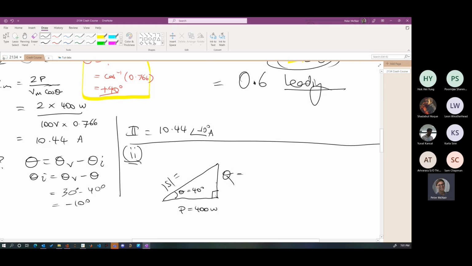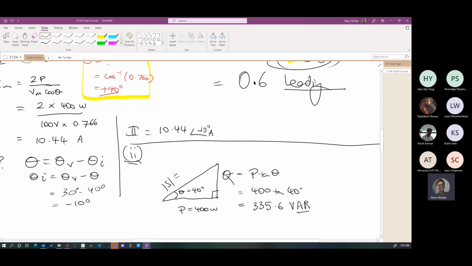For Q, let's do P tan theta, because tan theta is this over this. Then we multiply by P and we get P tan theta, which is equal to 400 tan 40 degrees. Check my working out here, but I think we're looking at 335.6 volt amperes reactive.